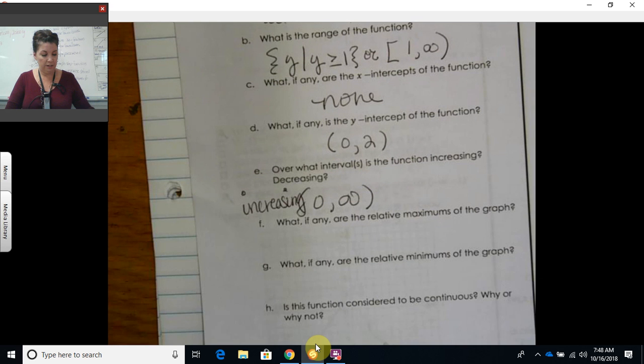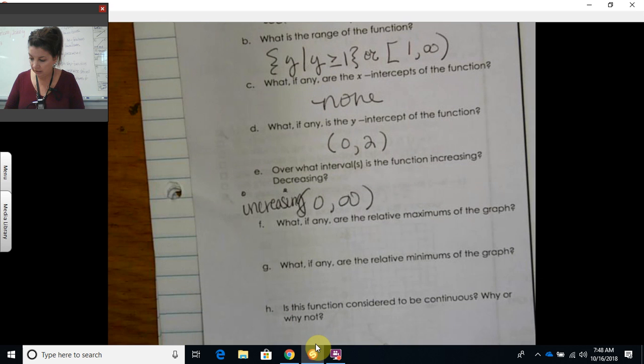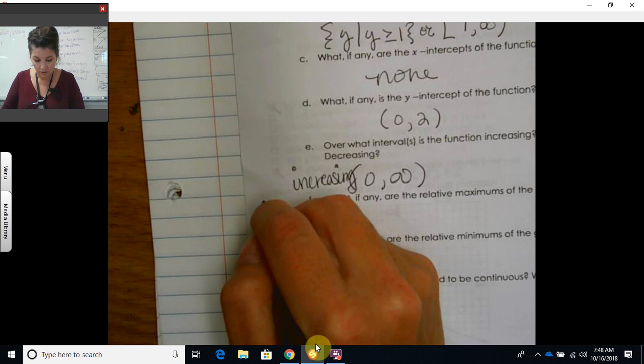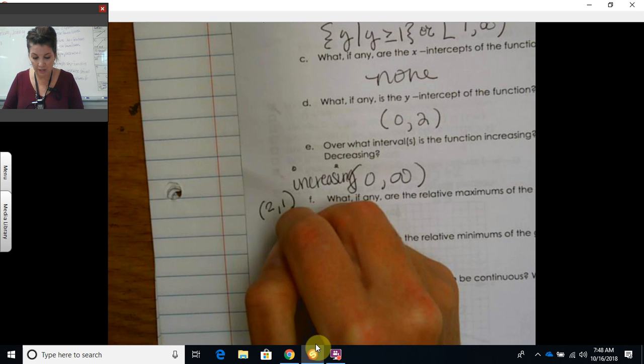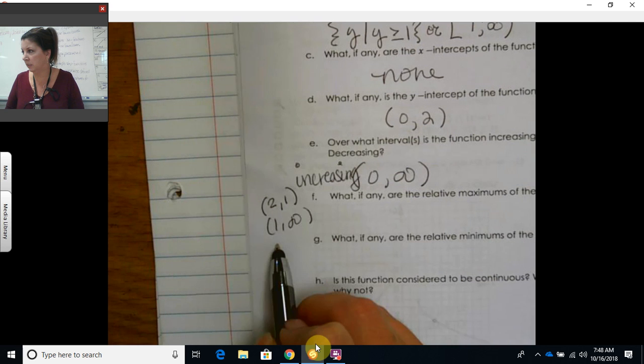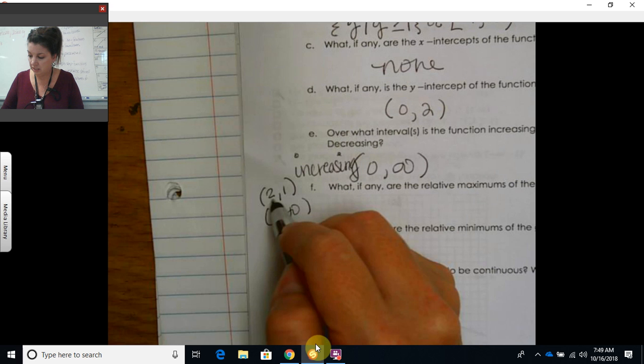If I wrote it the other way, let me look at the graph while I do it. I would say from 0 to 1, and they would both have parentheses, and then I would say from 1 to positive infinity. You see how they both share that end point and beginning point, so they just put it all together. I'm sorry, I said 2 to 1. I meant 0 to 1.